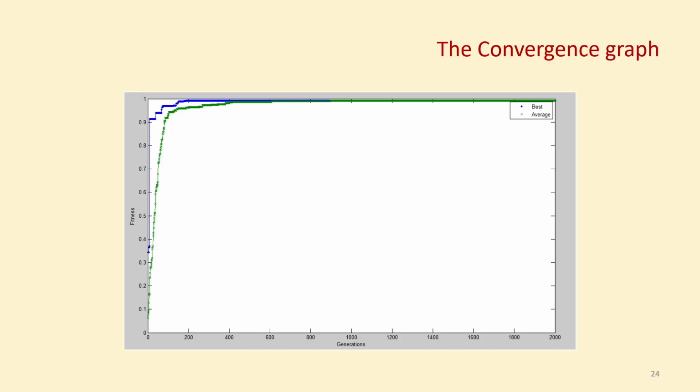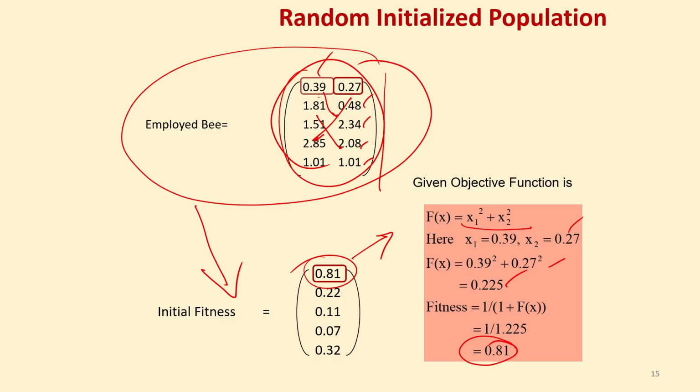If you keep on doing this process, this has been generated with 2000 iterations, and you find that again there is an increase, a small increase, and overall both the best and the average values are increased. So what I am trying to convey to you is that there are different phases. One is random initialization of the population, that is the first one.